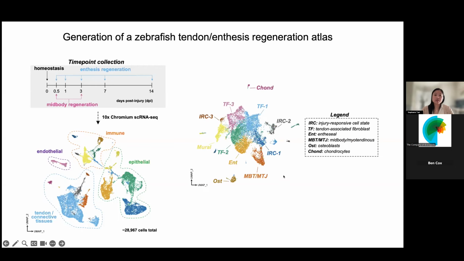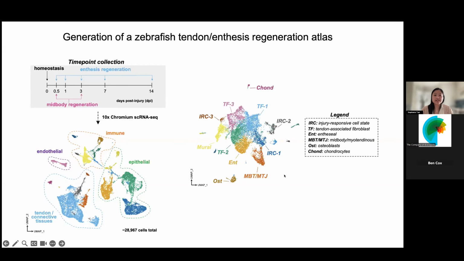I also was able to recover 3 injury responsive cell states, which I'm not showing here, but actually are conserved between the 2 different regeneration types, which is interesting. And 3 tendon-associated fibroblast clusters, as well as other connective tissue subtypes, like osteoblasts and chondrocytes.